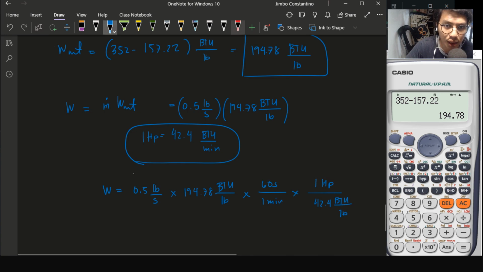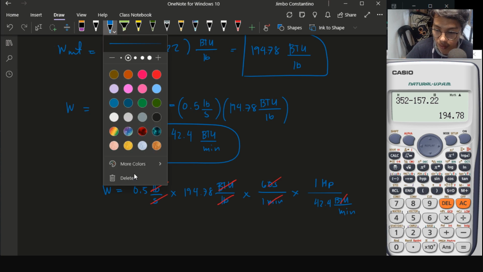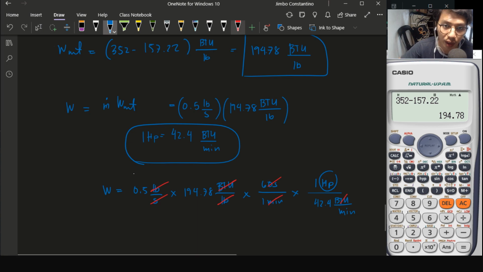We cancel all the same units. Pound, BTU, seconds, minute. Let me just revise this one. Ang matitira dyan, HP pala. HP ang matitira.